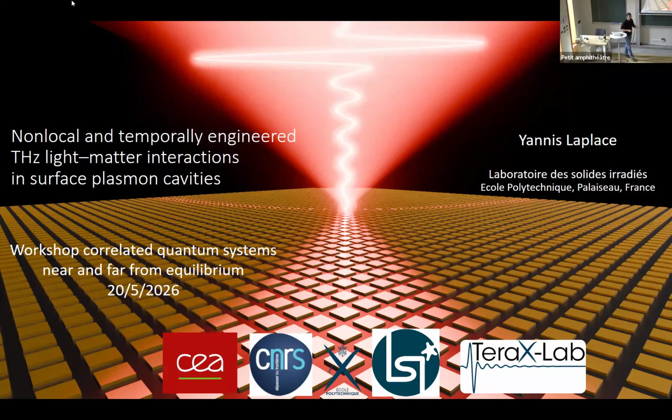We do this for two purposes. First, the metamaterial aspect. What you see here, in some sense, is an artificial crystal for photons that we can design in order to engineer and manipulate the properties of terahertz photons in ways that natural crystals do not necessarily provide in this frequency range.